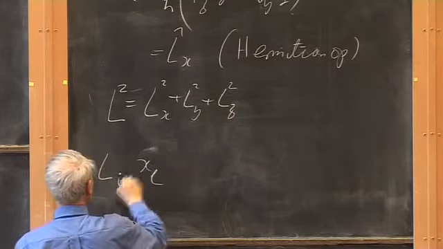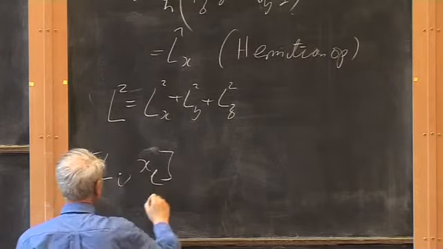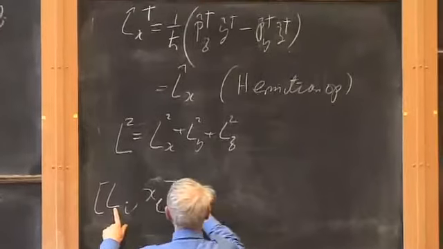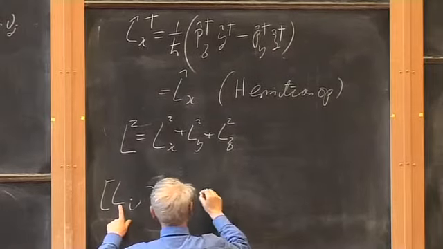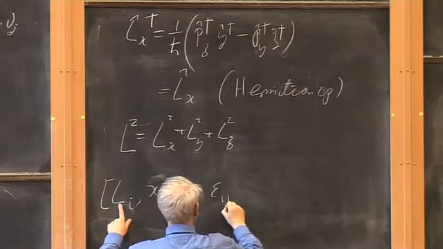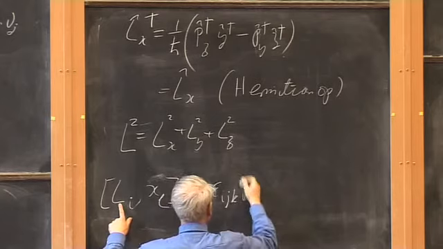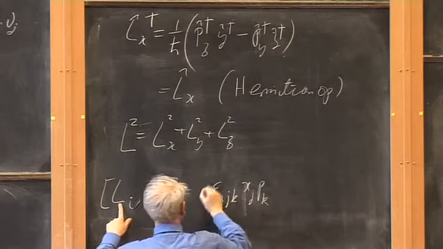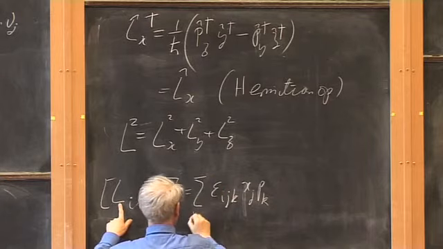Well, mind if I leave off these hats now? We're thoroughly stuck into quantum mechanical operators. So what's this commutator? Well, we should write down what this is. This is epsilon i j k xj pk, summed over j and k.